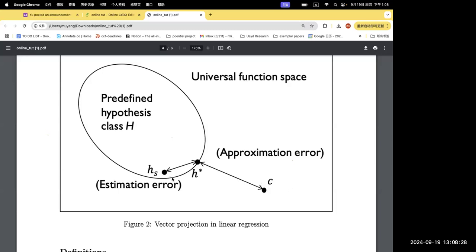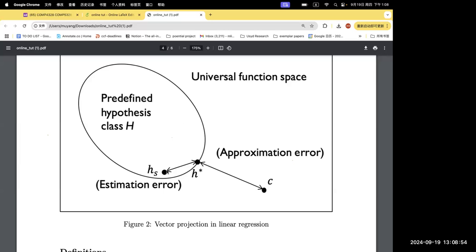And we want our hypothesis to approximate this as closely as possible. If your predefined hypothesis class contains the target concept, this means you have a zero approximation error, which means that for the specific task you have a quite nice predefined hypothesis class.